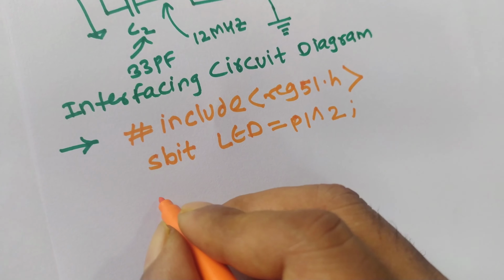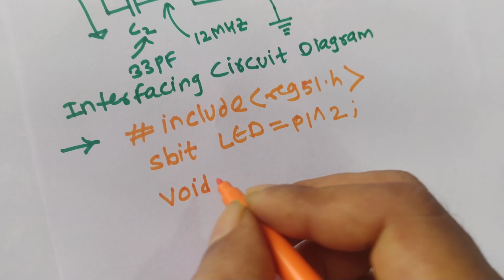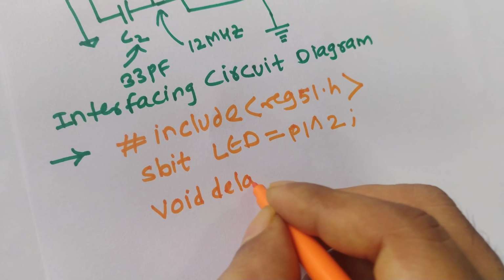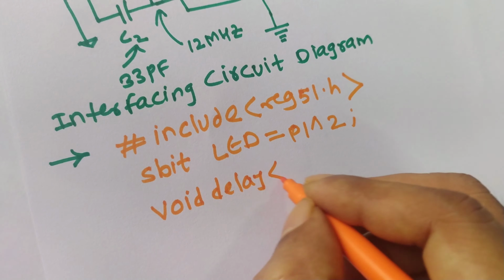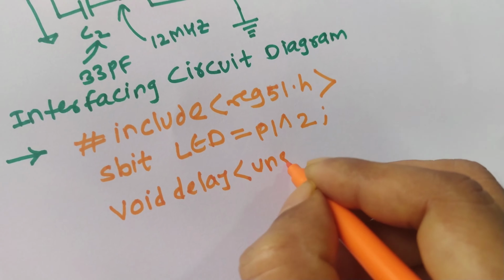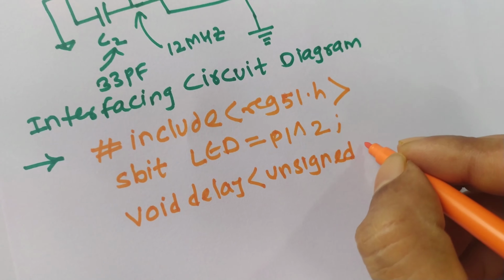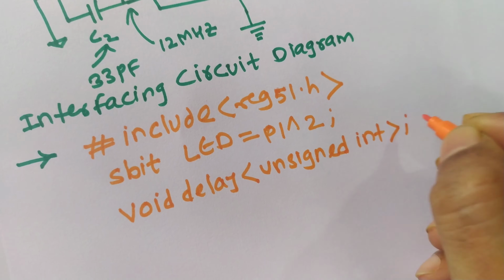Then we have to generate the delay, so we use another special function, that is the while delay, with an unsigned integer argument and a semicolon.